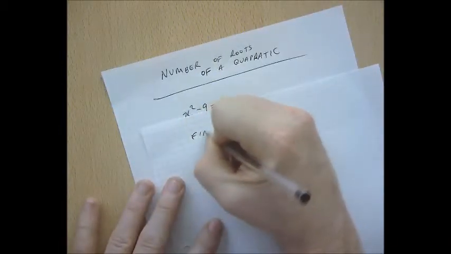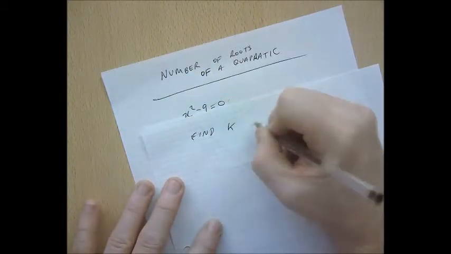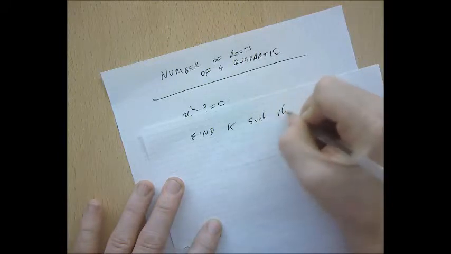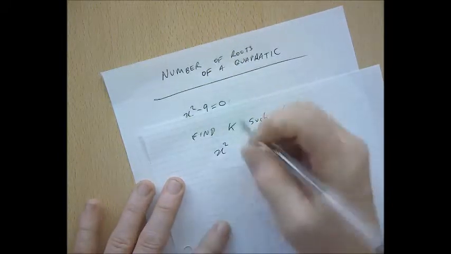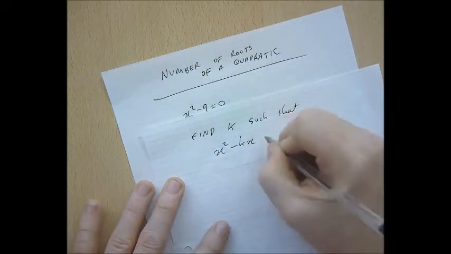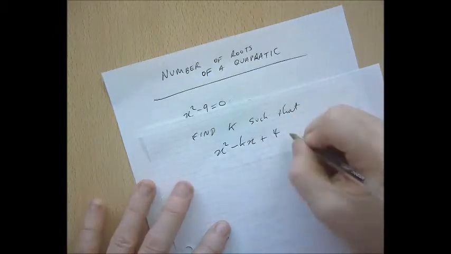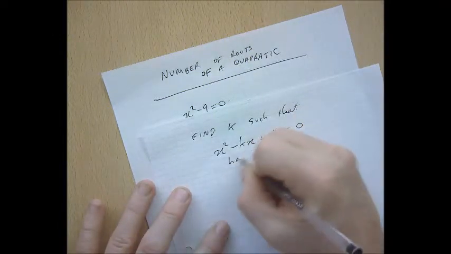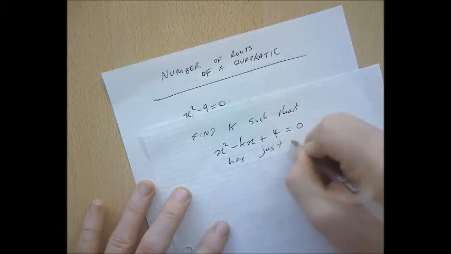So that leads to the classic question for you, because you're not writing a textbook, you're just trying to answer these questions. So a classic question is this: find k such that x squared minus kx plus 4 equals 0 has just one solution.